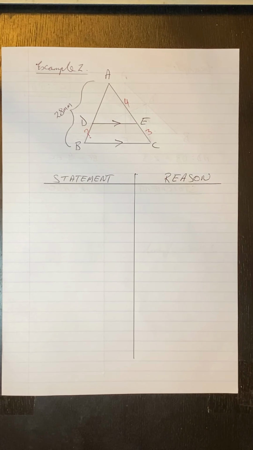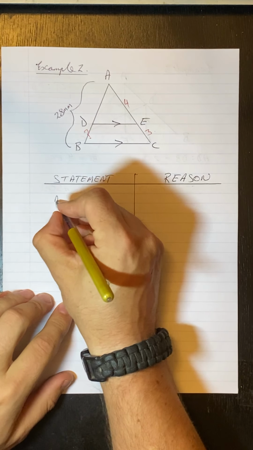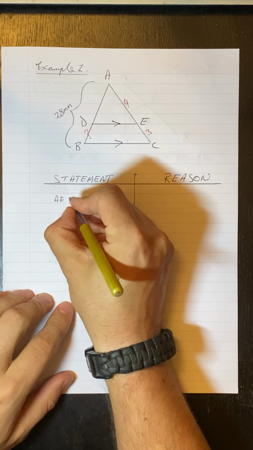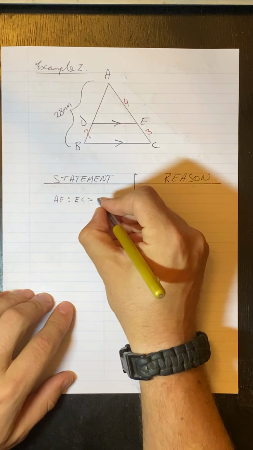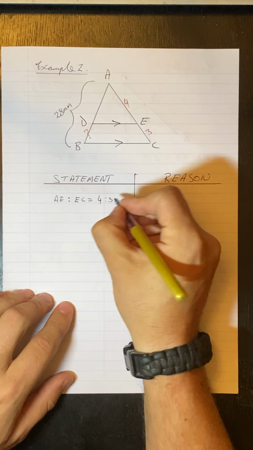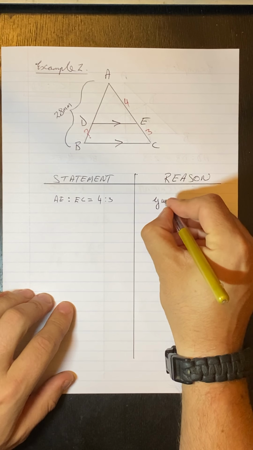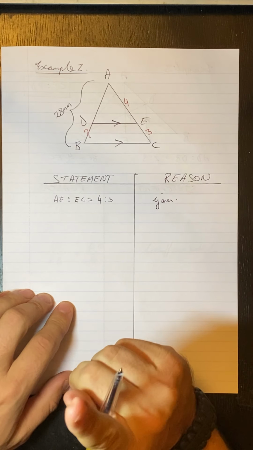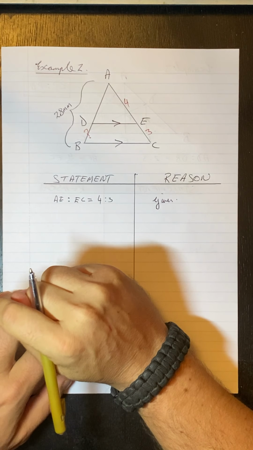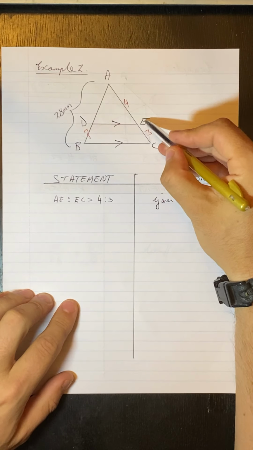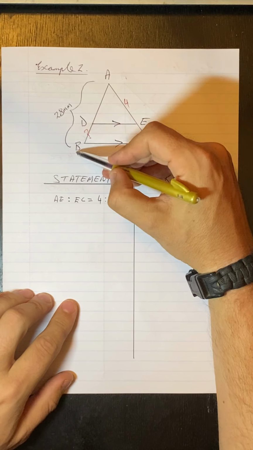Okay, so the first thing I'm going to say is that we know that AE to EC is equal to 4 to 3. Okay, that was given to us. So the next thing I'm going to say is I'm going to find out what this side is in proportion. Okay, so this was AE, EC, so we're going to get AD, DB.